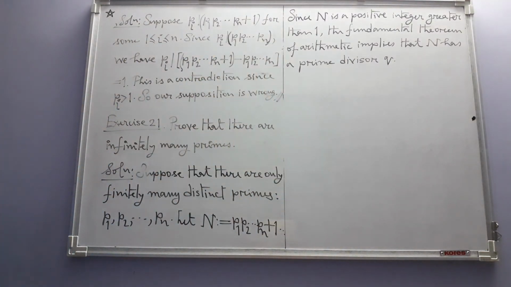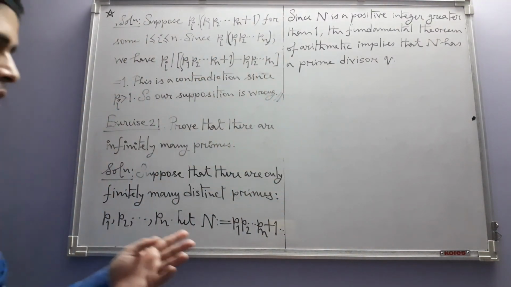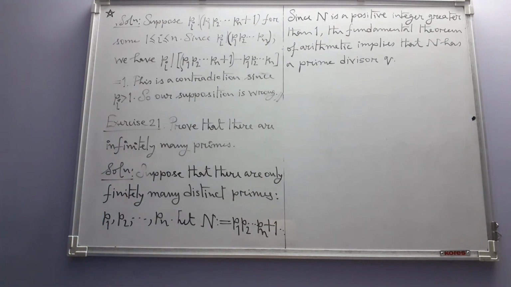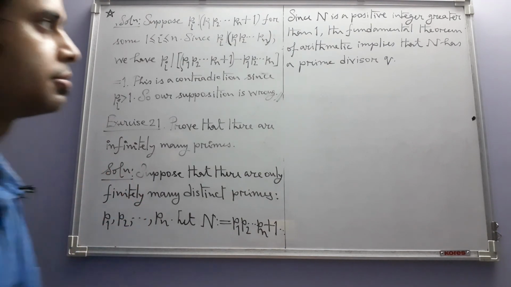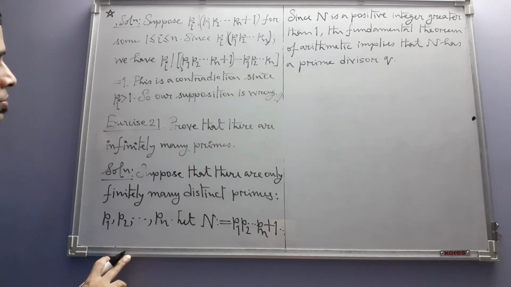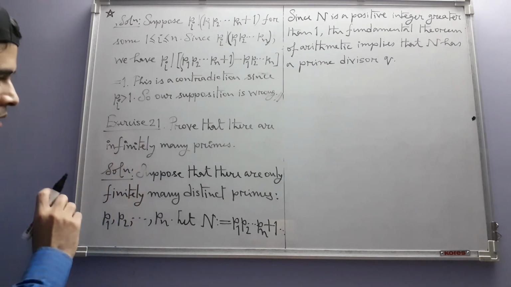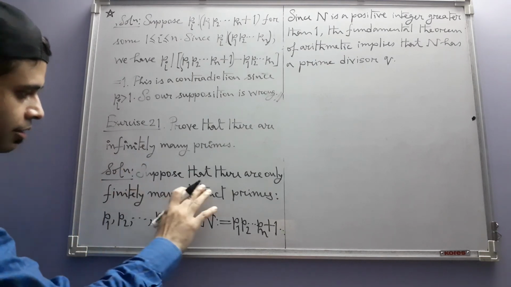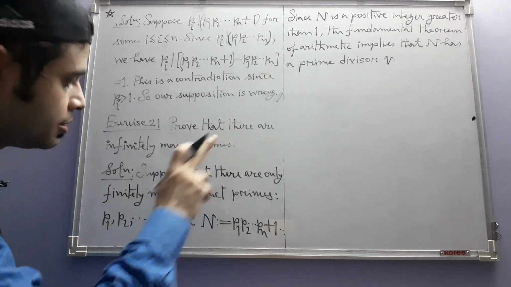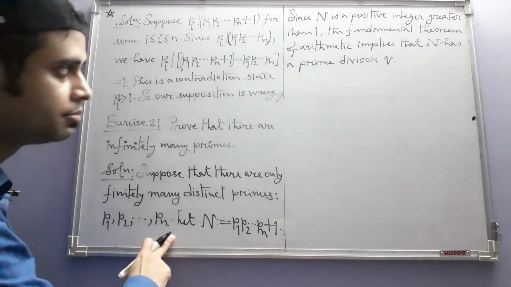Say n must have a prime divisor since n is greater than 1. Let that prime divisor be q. There may be other prime divisors also, but at least one will be there. But according to our supposition, we have supposed that these are the only available primes. So this q must be one of them.